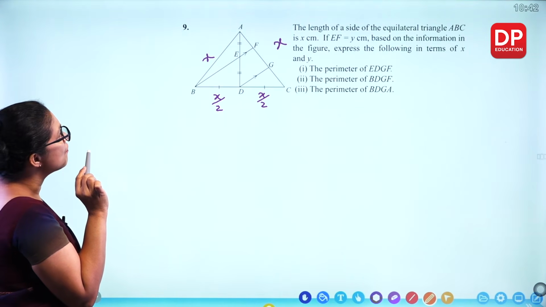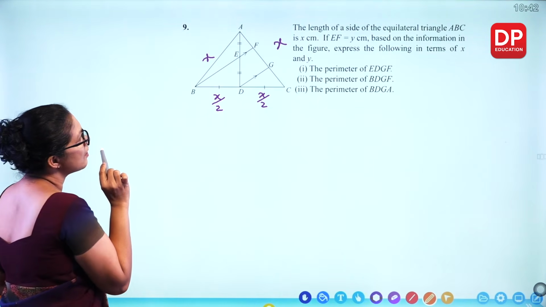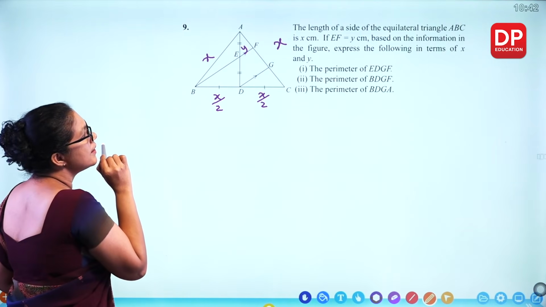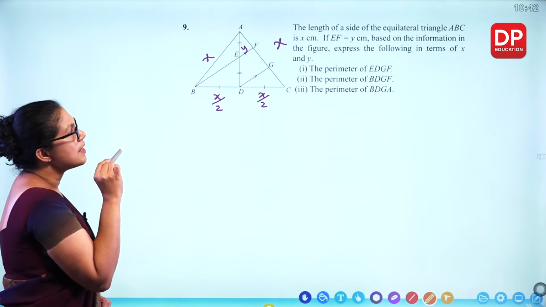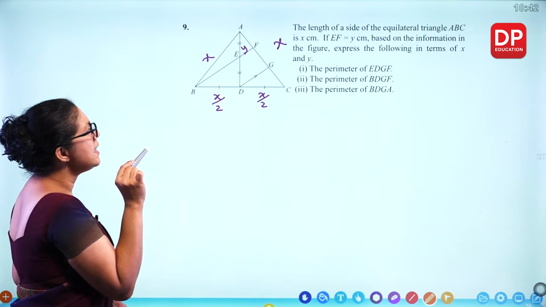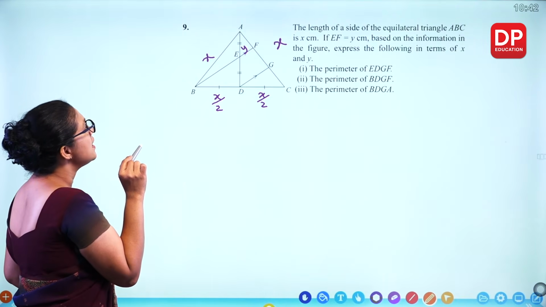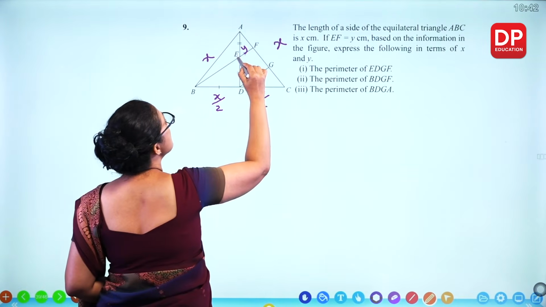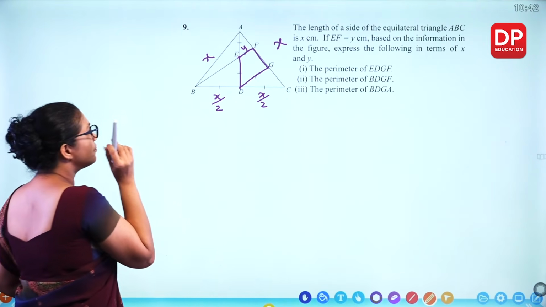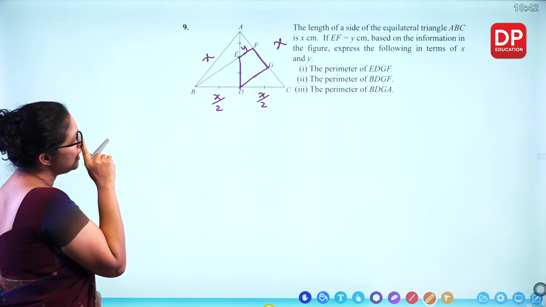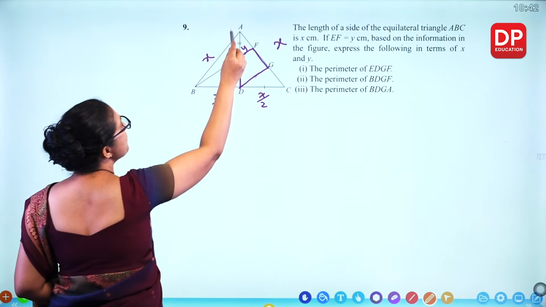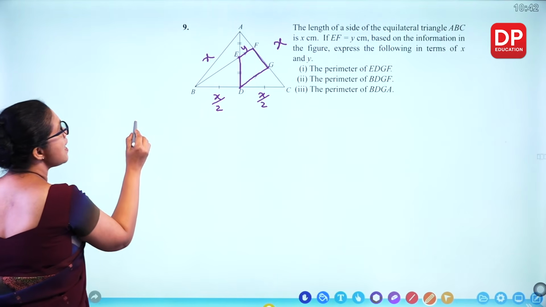And if the EF length is y, based on the information in the figure, express the following in terms of x and y. The perimeter of EDGF. EDGF is this one. To find out the perimeter, we need to find out the lengths. Now, look at the ABD triangle.